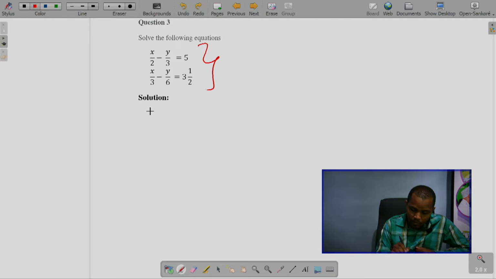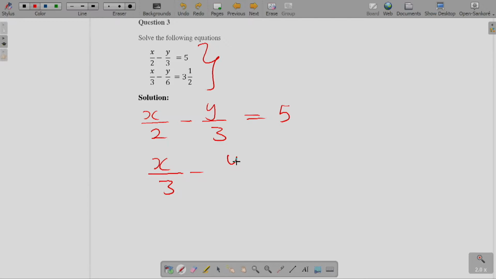The first one is x divided by 2 minus y over 3 equal to 5. Also, x over 3 minus y over 6 equal to 3 out of 1 over 2. This is the first step: to write the equations that we were given.